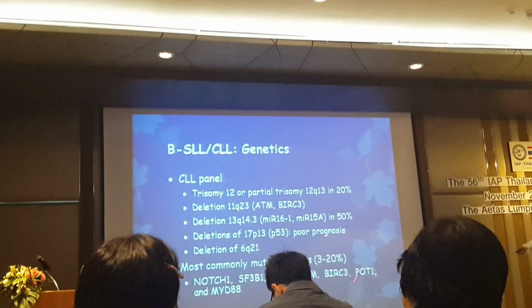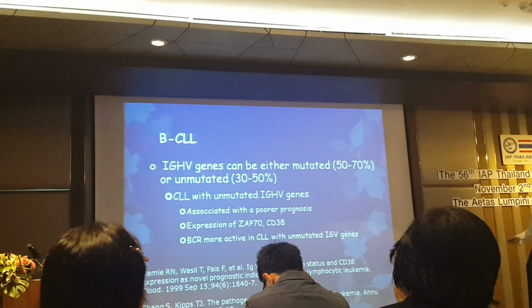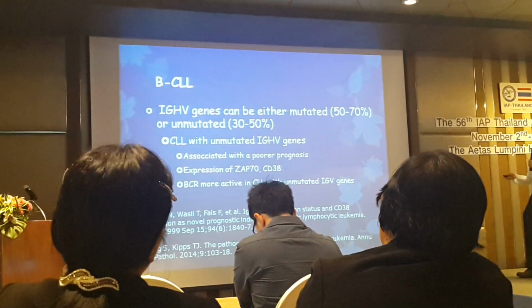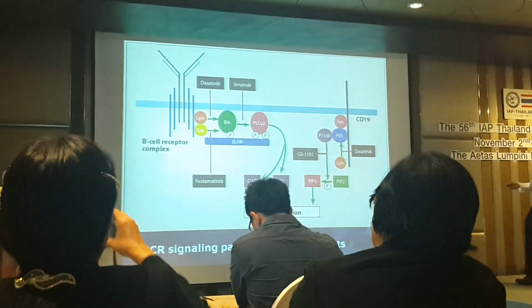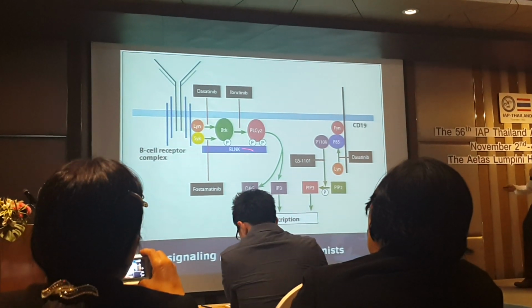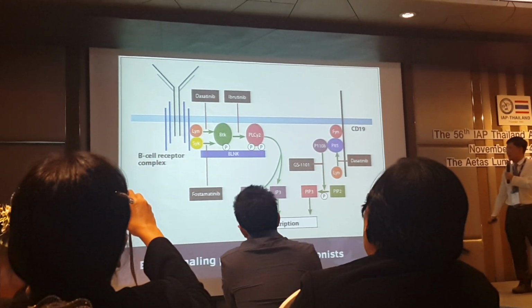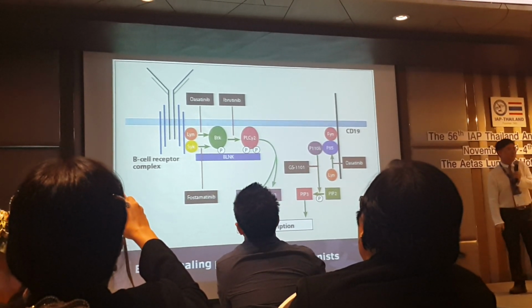And over the years, we know that a number of mutated genes are present. Many of them involve the B-cell receptor signaling pathway. These mutations have prognostic implications, but also predictive implications. This chart shows you the various pathways which are operative in CLL, as well as the drugs that target different parts of these pathways.